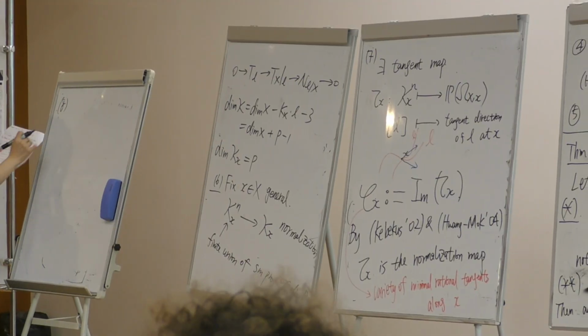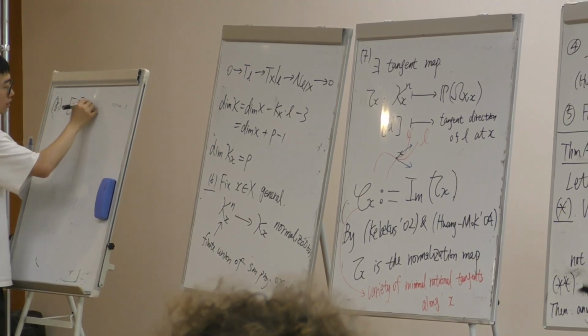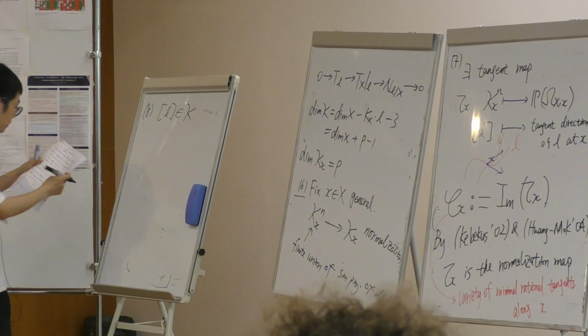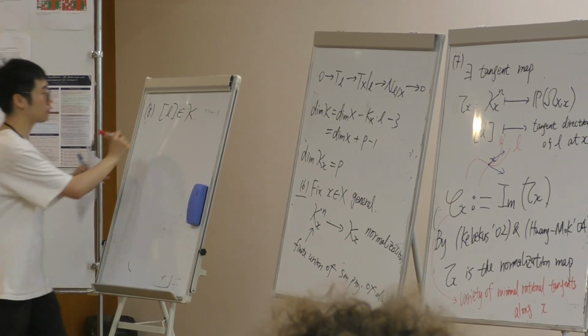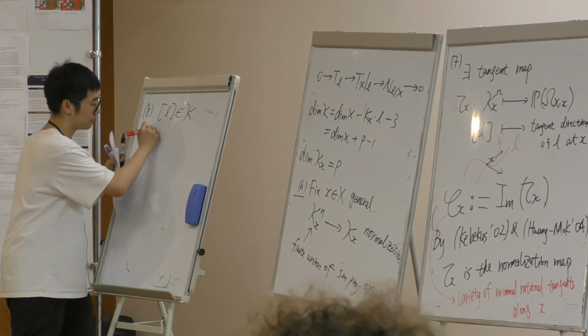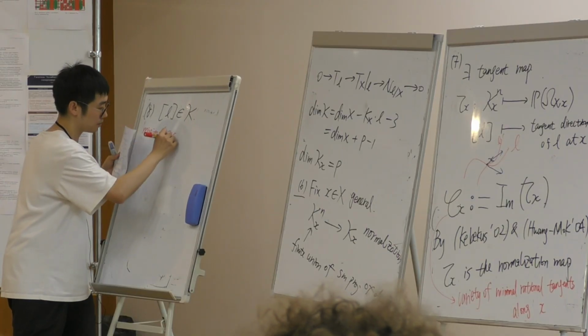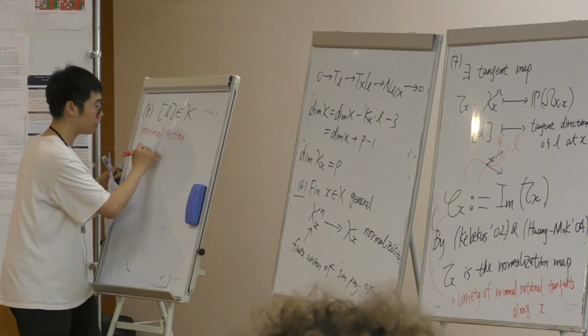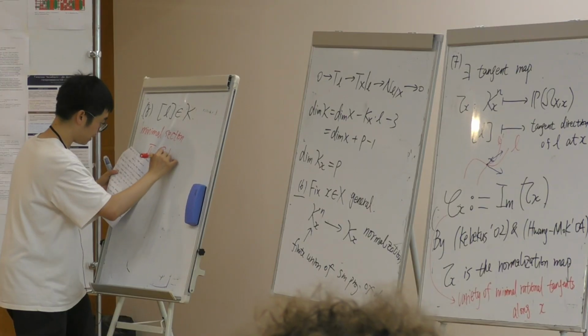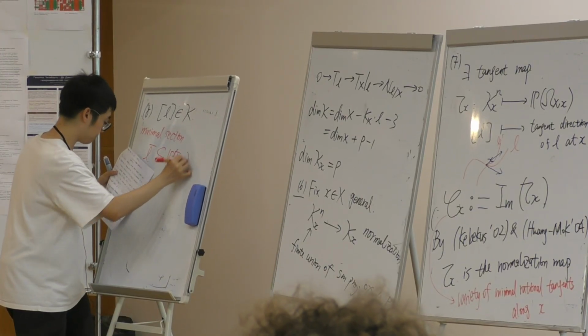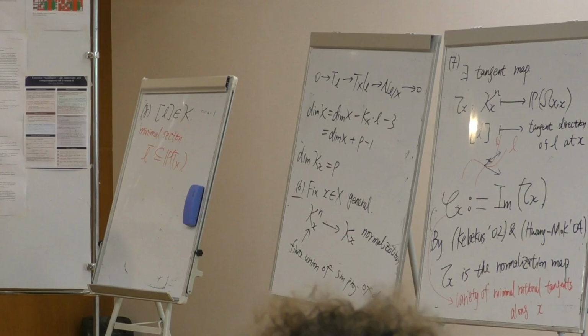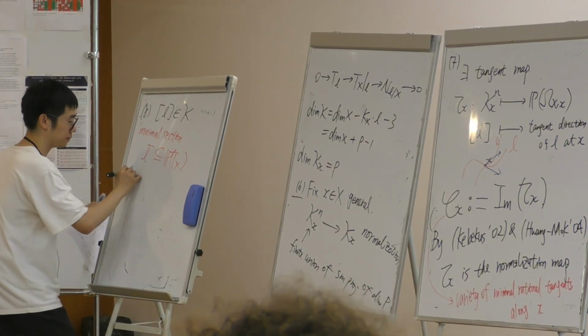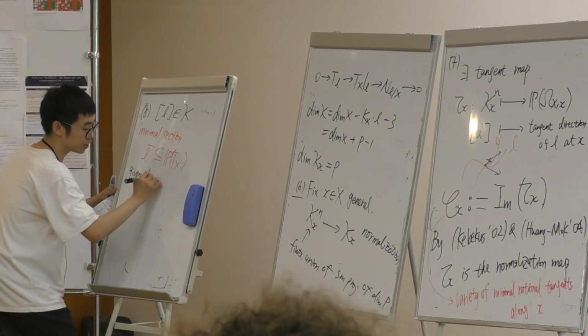For a standard rational curve L in K, we define the minimum section. I use this L bar to live in the PTX. So this is given by the surjection.